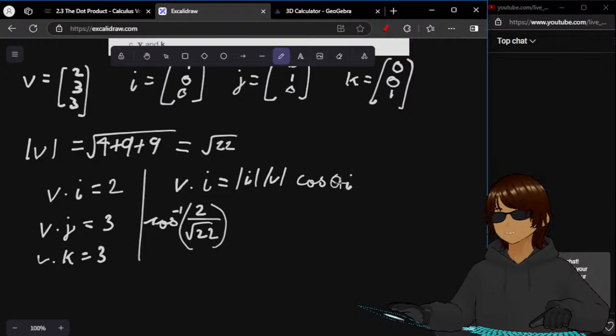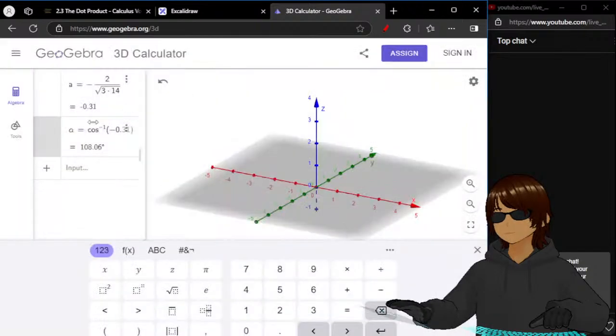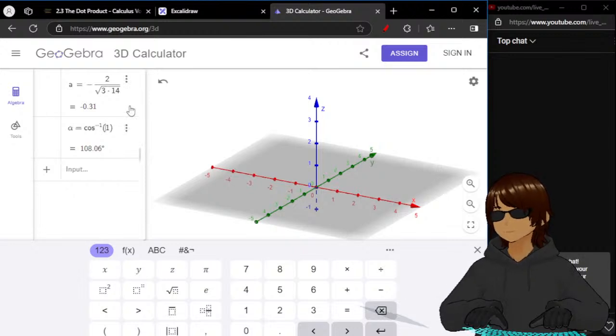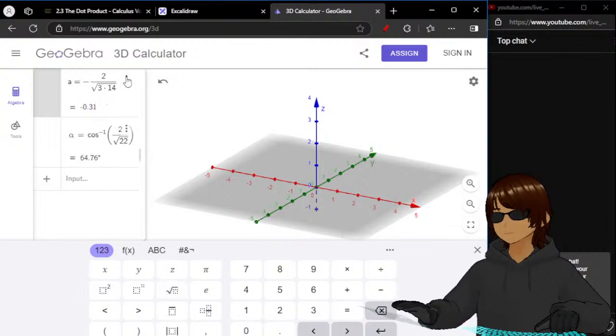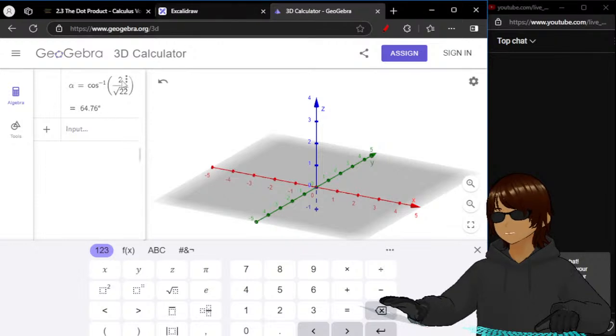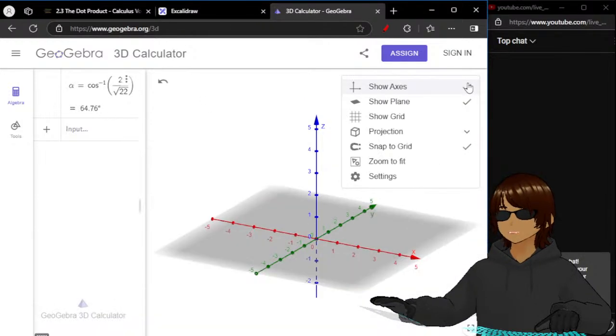Let's call it theta I. We have 2 over root 22, 64.76 degrees. Can we convert it to radians?